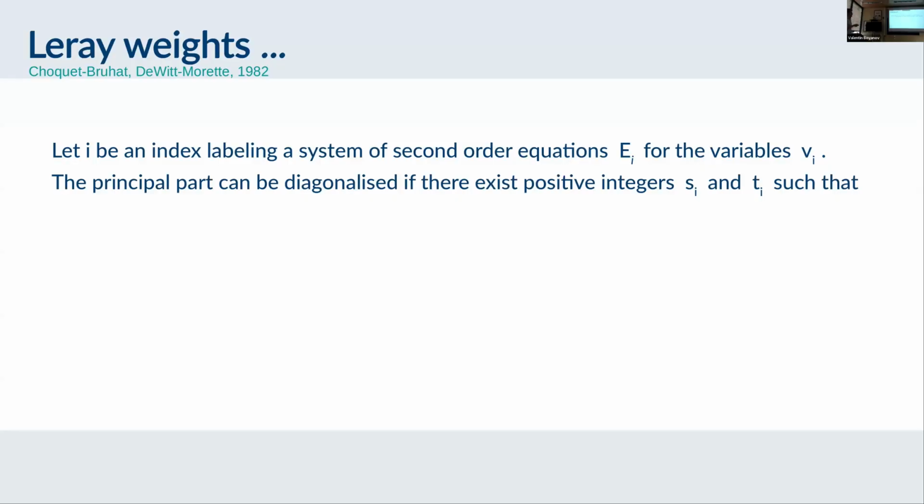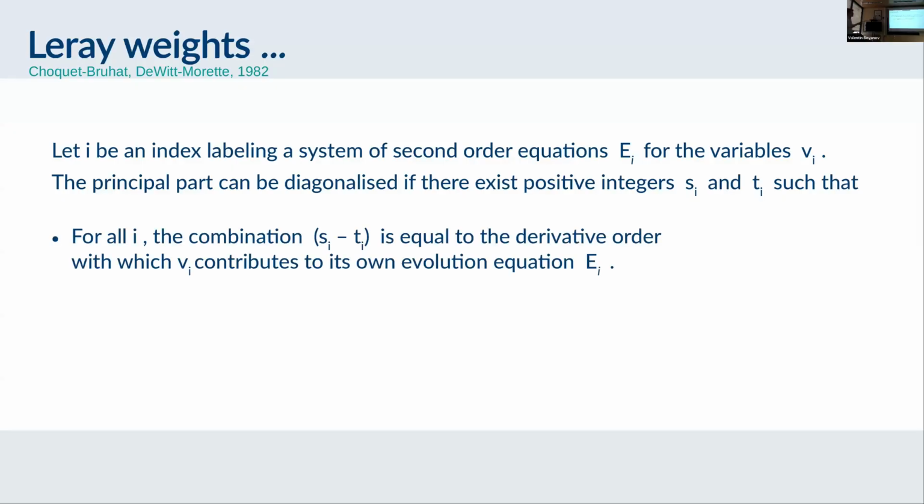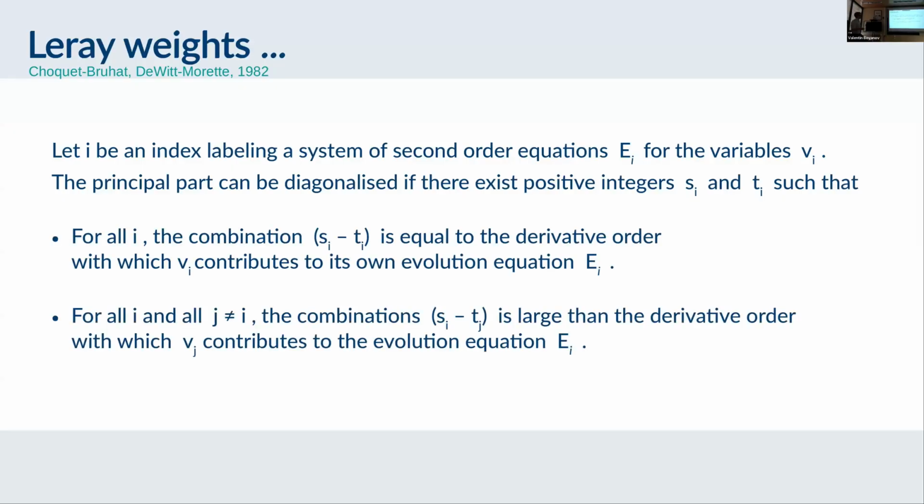And then the statement is that it can be diagonalized if certain conditions can be met on that system of equations. These conditions relate to finding sets of positive integers, labeled s_i and t_i, such that two conditions hold. The first one tells you about the highest derivative structure of a variable in its own equation of motion, and the second one tells you about the contribution of the other variables to that equation.